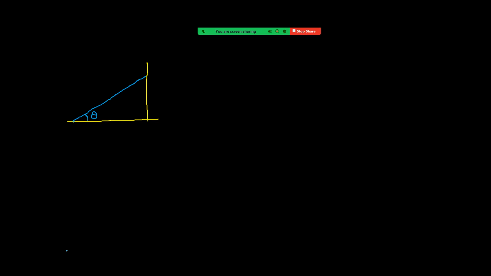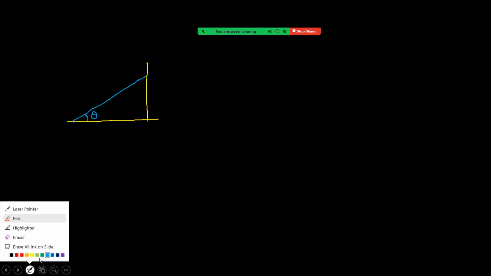And we are given the normal reaction from the ground, that is N2. Normal reaction N2. From the wall, N1, and its weight mg downwards. The rod is about to slip.